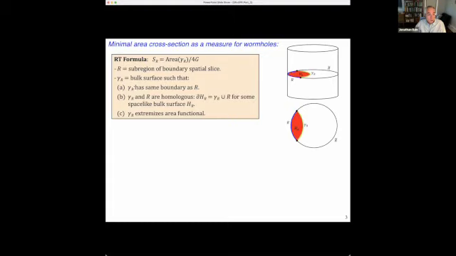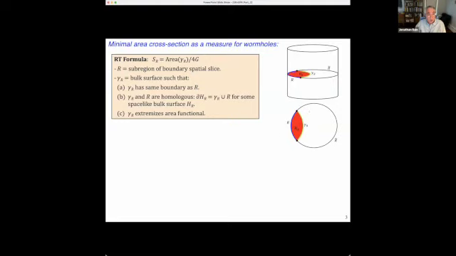A: gamma sub R has the same boundary as R. B: the union of R and gamma sub R forms the boundary of another bulk surface, call it H sub R, referred to as the homology surface. And C: gamma sub R extremizes the area functional.